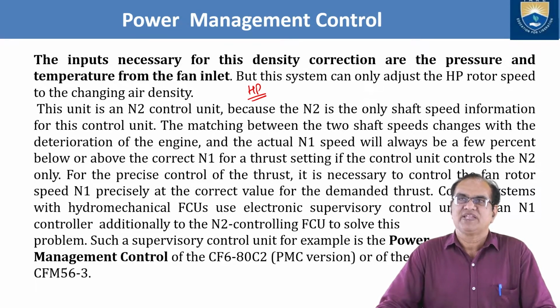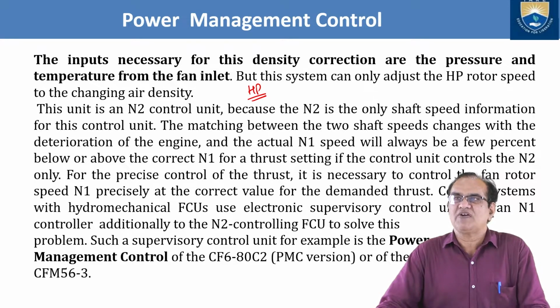unit. The matching between the two shaft speeds changes with the deterioration of the engine, and the actual N1 speed will always be a few percentage below or above the correct N1 for a thrust setting.